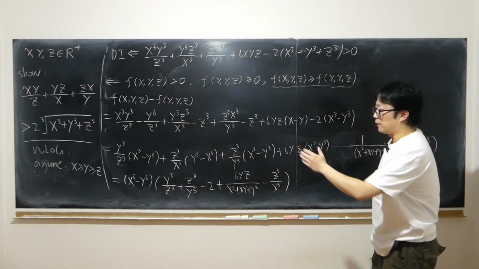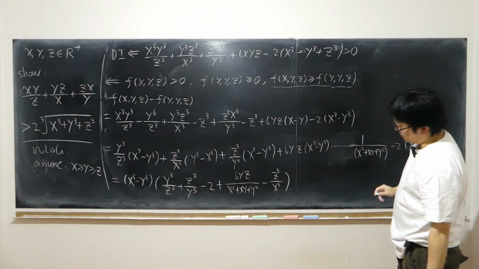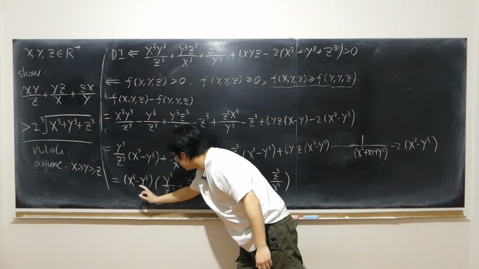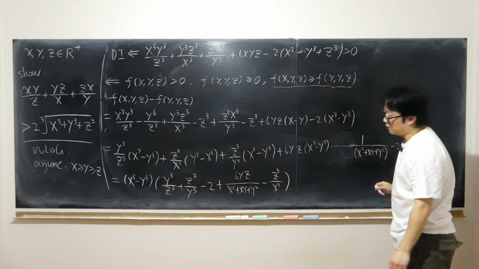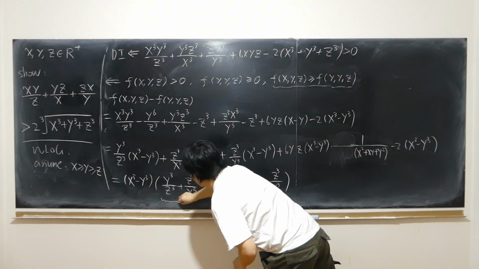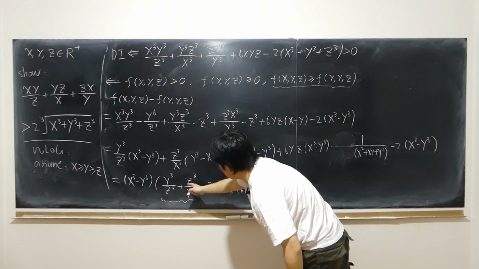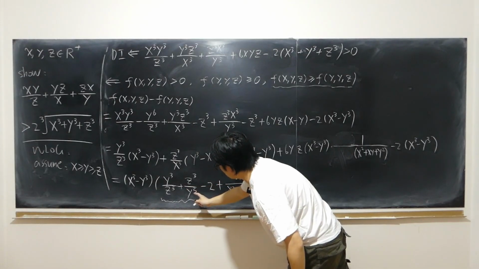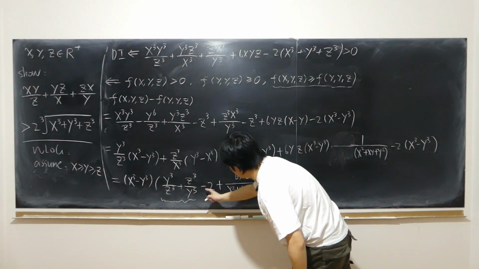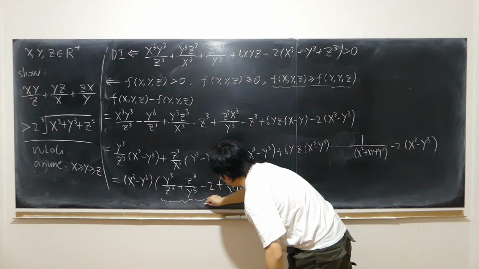So we can assume that x is greater than y, y is greater than z. So that means x cubed minus y cubed is already non-negative. Now, look at this. Applying the AM-GM inequality, this is obviously greater than or equal to 2. So minus 2 is greater than or equal to 0.